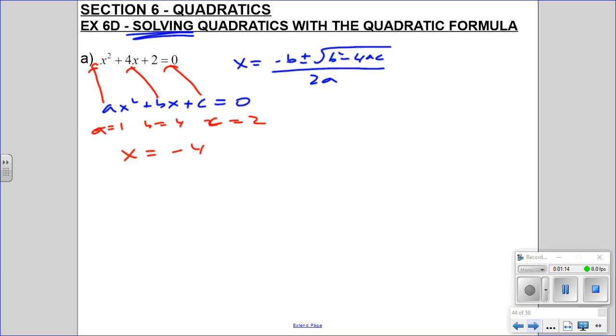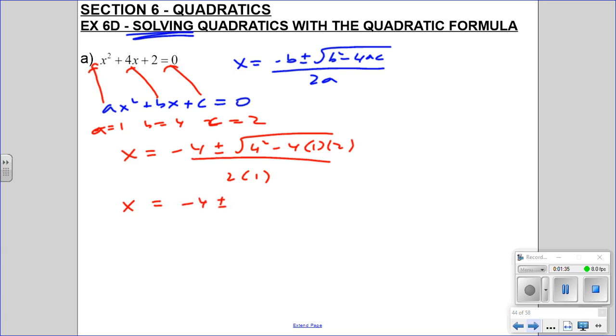So minus 4 plus or minus the square root of 4 squared minus 4 lots of 1, 2, all over 2 lots of 1. So x equals, let's go for it. So 4 squared is 16, minus 4 lots of 2, square root of that is 2 root 2. So here we got minus 4 plus or minus 2 root 2 all divided by 2.